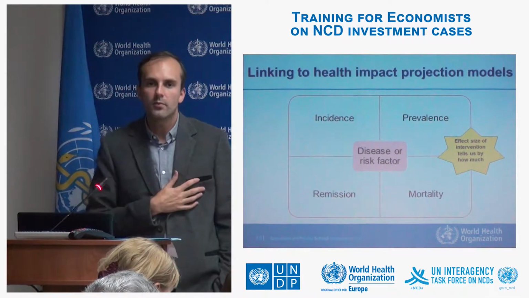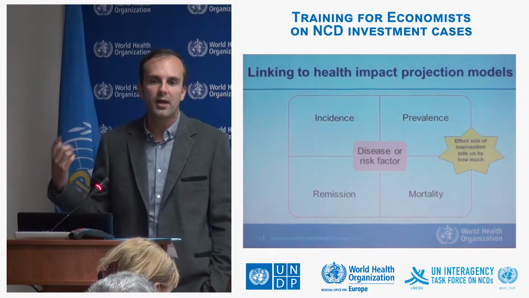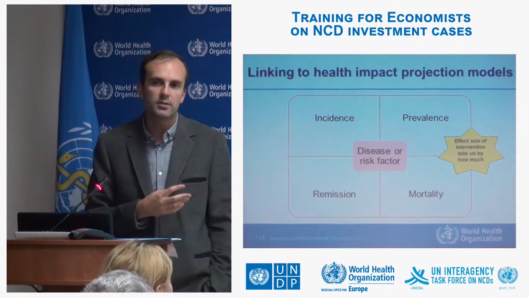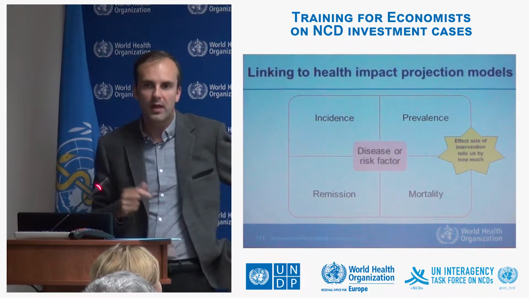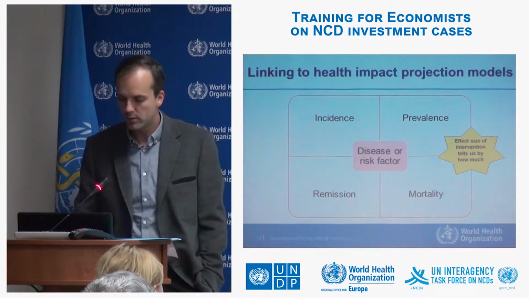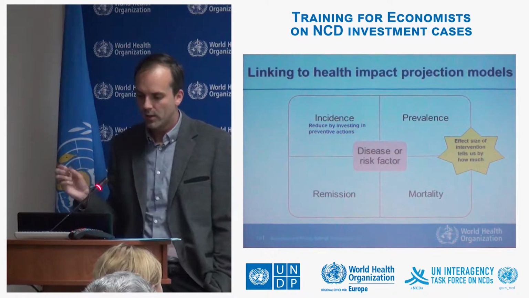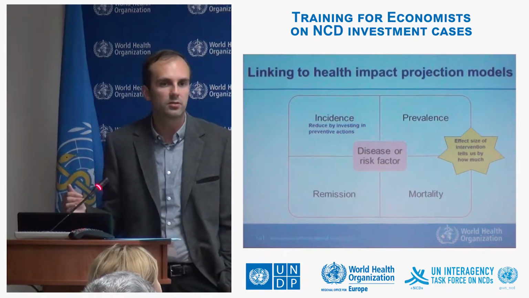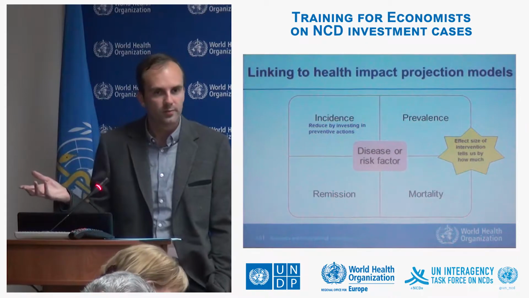So the second aspect, beside the cost that we were interested in, is exactly this, the health impact, the outcome side. And that happens in 4 ways. It comes from each intervention having a specific effect, and having an effect in 4 ways. One could be the incidence. If you invest in preventative activities, then you're going to have a lower incidence of, let's say, hypertension.